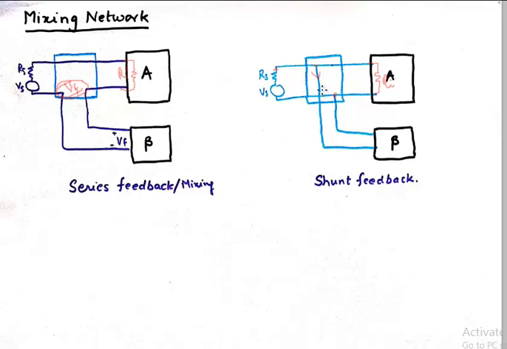So the key point here is series feedback mixes voltage and shunt feedback mixes current. And the reason is pretty clear, that the series will develop some voltage here and the shunt will give us a path for a current deviation. So that's how the mixing networks are classified.